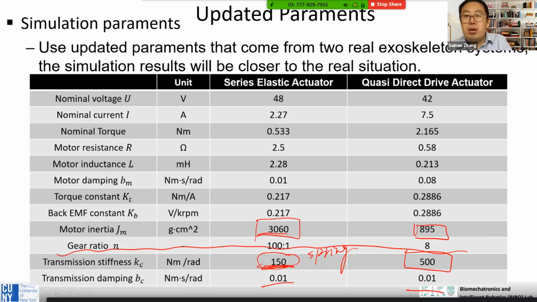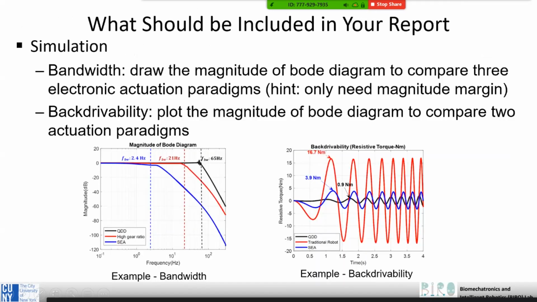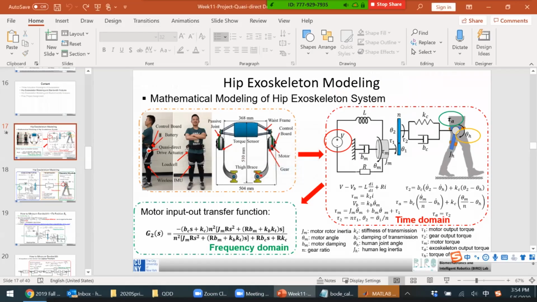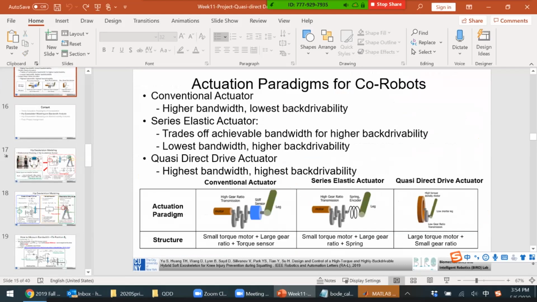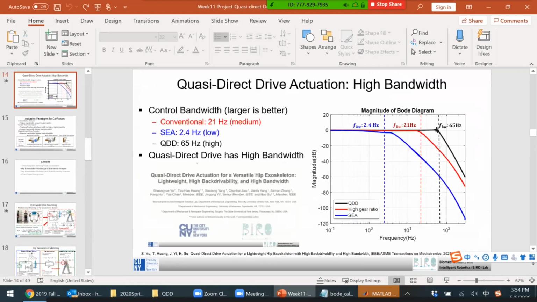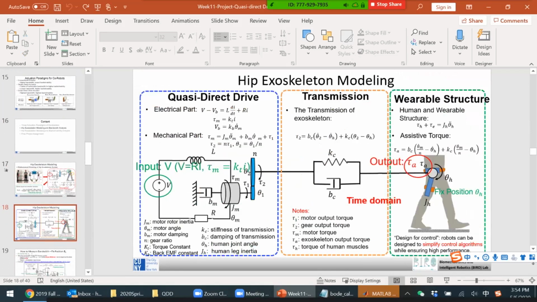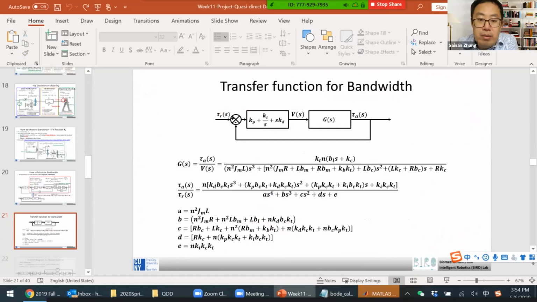Question? What question do you have? I have one involving the inputs. In the beginning when the project was introduced, they gave us a motor radius, and this one they don't. Does that matter? I think we already fixed this.